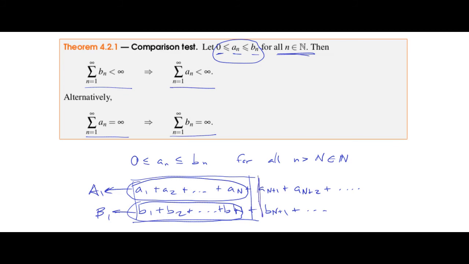Well, starting from here up until the infinity, we have that a sub n is smaller than b sub n, right? This is a rule that we got. Then we can apply this theorem starting with this series.